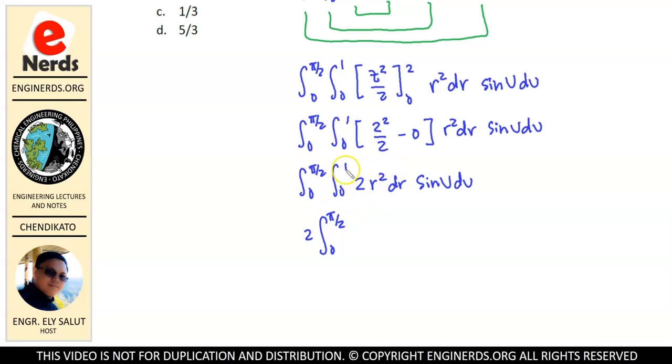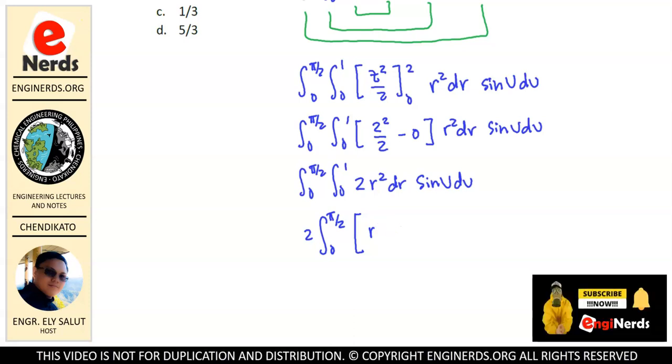Now, I'm going to perform the second integral here. So, we have r squared dr. Okay? So, let me solve the integral na para hindi tayo malito kasi tinanggal na natin yung integral sign. So, the integral of r squared dr will be r cubed over 3, and it is from 0 to 1. Okay? And of course, nandito pa yung ating sine u du.